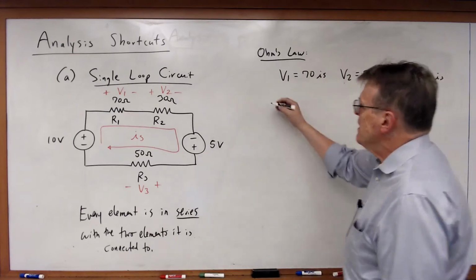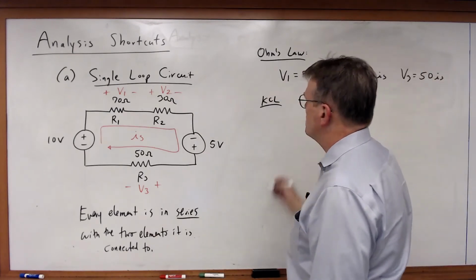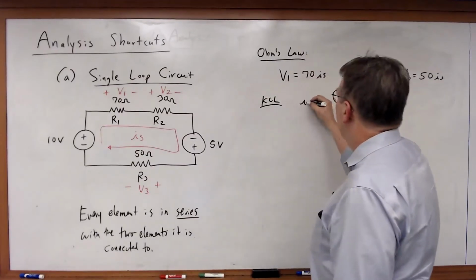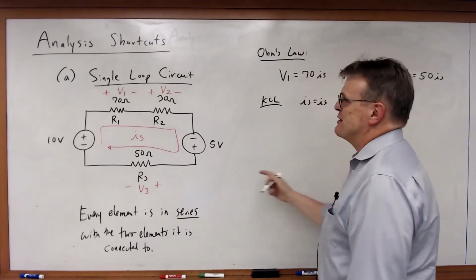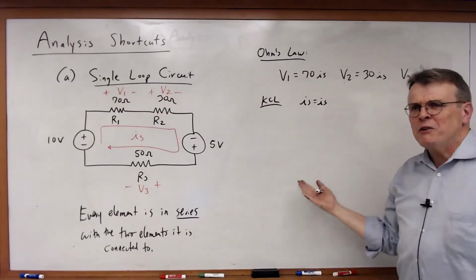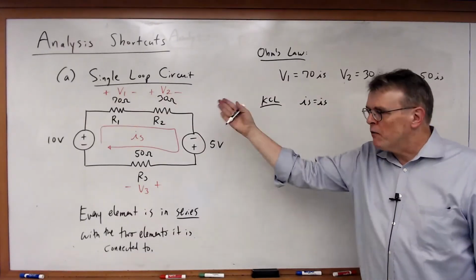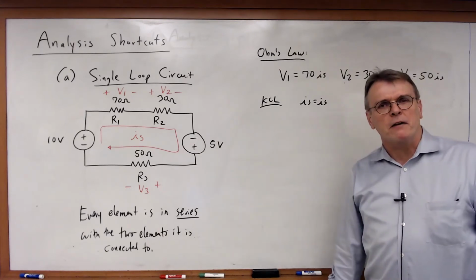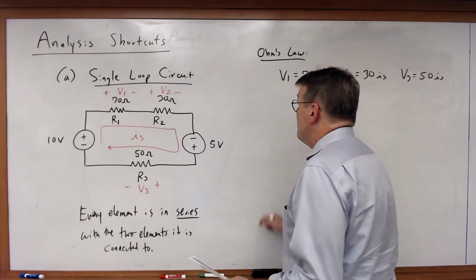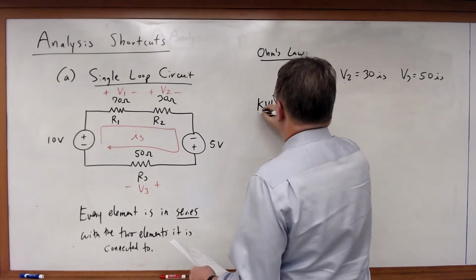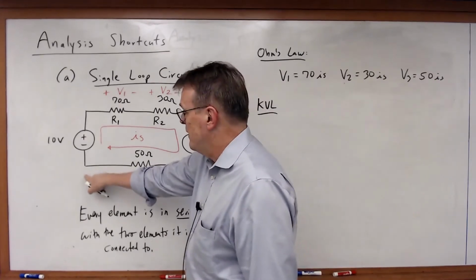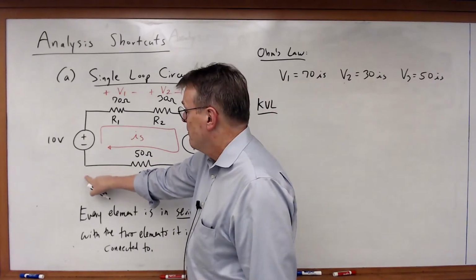What about KCL? Well, I could write a KCL equation, but it's trivial. For each node, IS is equal to IS. The current going in is the current going out. So that's trivial. You don't even really need KCL because you've already got that single current defined. And so really all you need now is the KVL equation. So KVL, I'll start here in the lower left-hand corner.